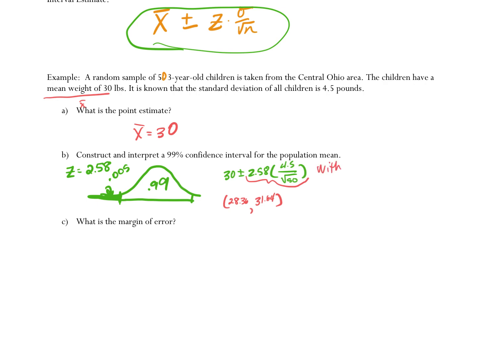And interpreting that, we'll say with 99% confidence, we can say the population mean weight of 3-year-olds. So notice I'm using a lot of context, right?